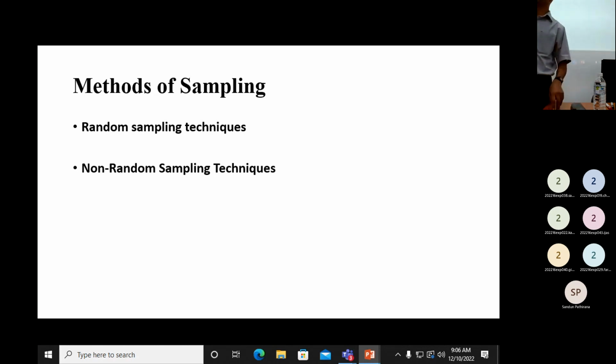There are some studies where we cannot apply random sampling technique.